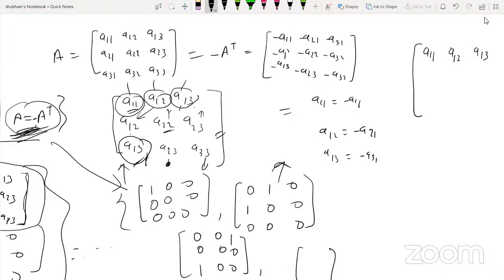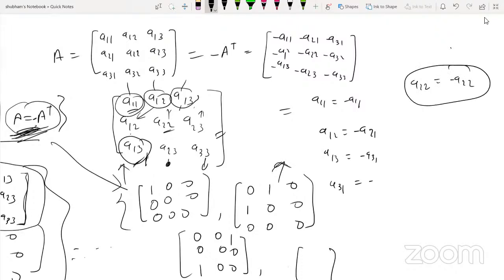Then we need to compare. For these types of matrices, the diagonal elements are always 0. That's why we have only 3 elements. When you compare here, A22 is equal to minus A22. So when is it possible? When it is 0. So the diagonals are going to 0, only this one and this one.